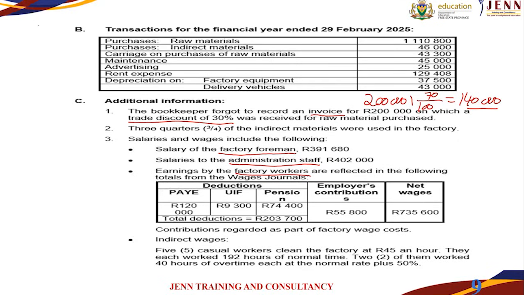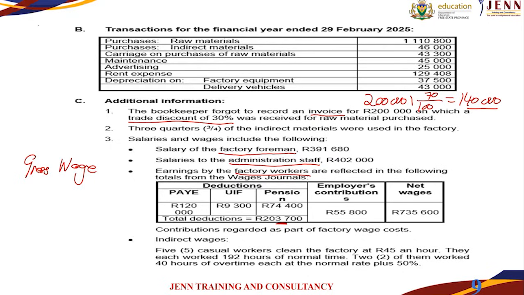So we agree that this amount is the amount that we are going to give to the employees after we have subtracted this one. So what does that mean? It means as the business, we paid something before. The something that we have paid before as the business will be a gross wage. Now, it means we need to go back and calculate how much did we actually pay to this employee.